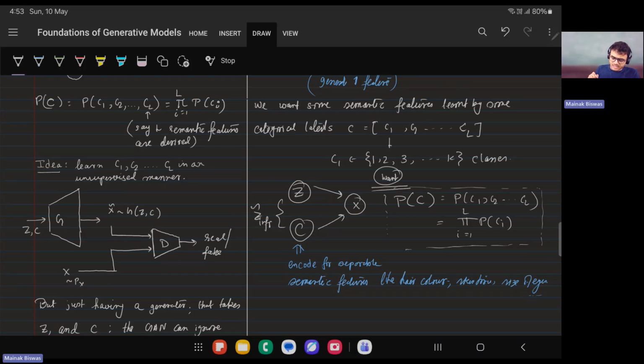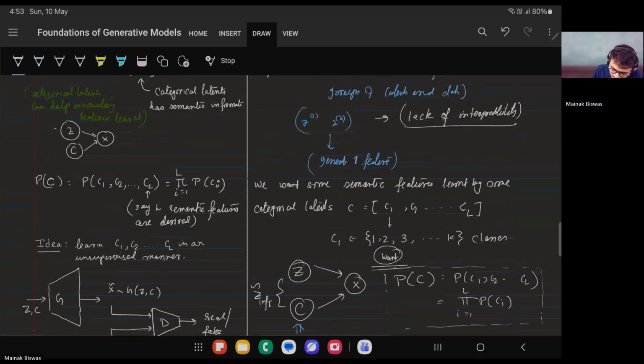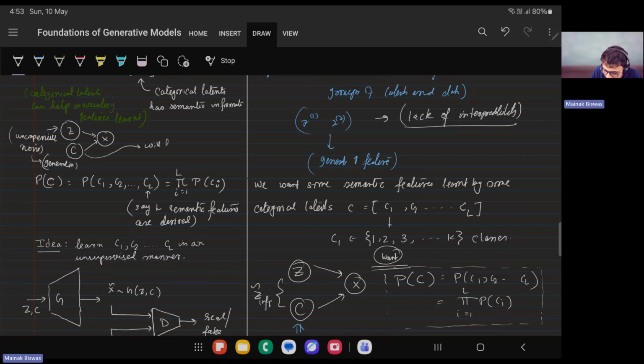Right? And Z, these are incompressible noise, which helps you in generation. C, on the other hand, will help you control semantics.